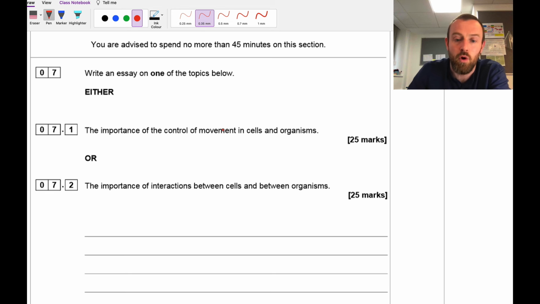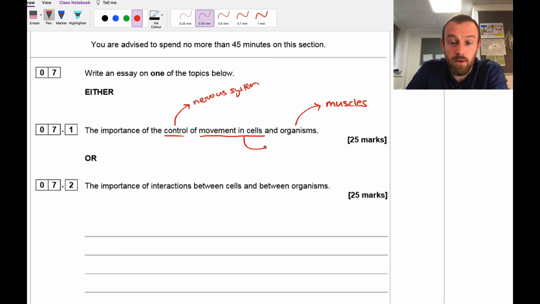Let's go for control of movement in cells and organisms. First of all, movement of organisms. Muscles is an obvious one. And control of movement: nervous system, action potential, and then muscle contraction. That's 2 areas. Movement within cells, maybe we could think about mitosis or meiosis, because that is movement within a cell.